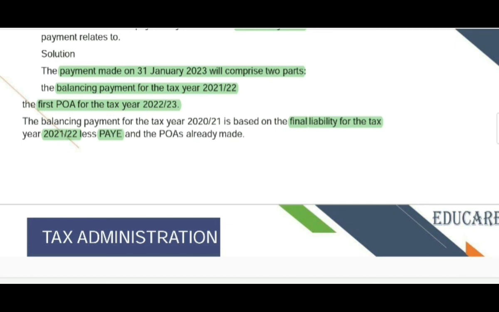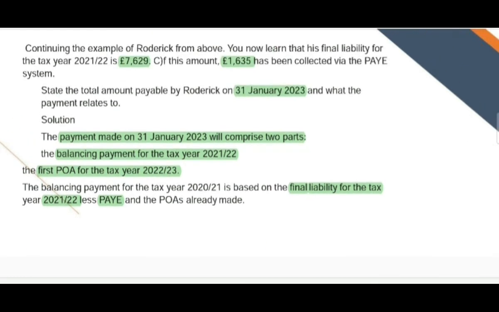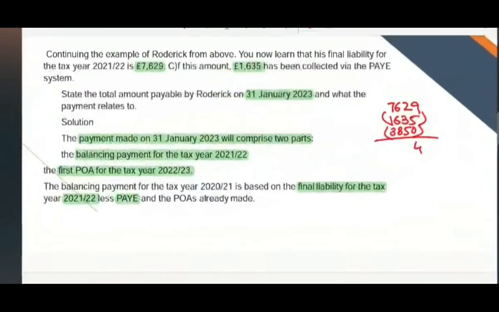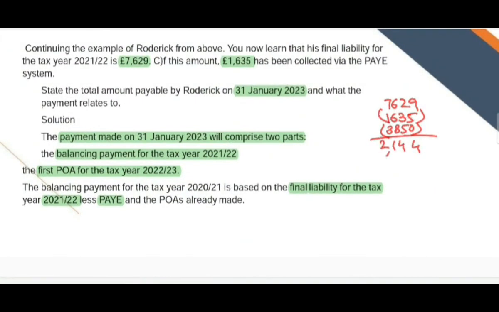So if we calculate the balancing amount, it would be 7,629 minus 1,635, the amount collected under the pay as you earn system, and the payments on account as given in the previous part of this illustration, 3,850. The balancing payment would be 2,144.